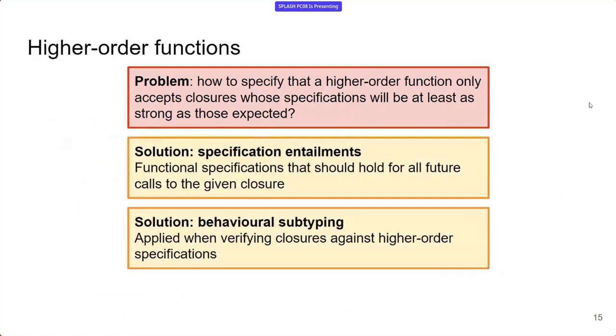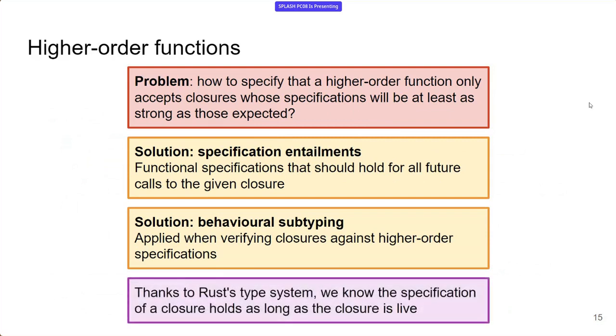So these were our solutions to this problem. Once again, we thank the type system because without knowing that other parts of the code cannot modify the state captured by the closure, we wouldn't know that its contract cannot be violated by external changes.